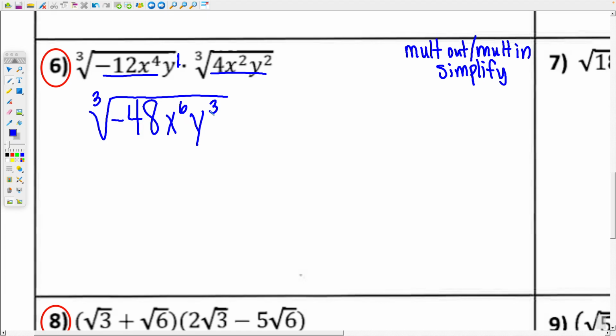On the board here, my list of cubes, I know that 8 can go into 48, so it's going to have to be 8 and 6. Where does the negative sign always go? With the first one. So go ahead and do your 2 radicals for the split. Put what's perfect in the first, leftovers in the second, and I always put the negative sign with the first one.